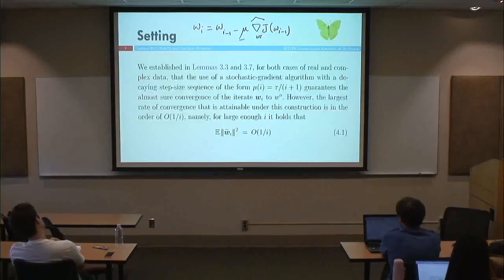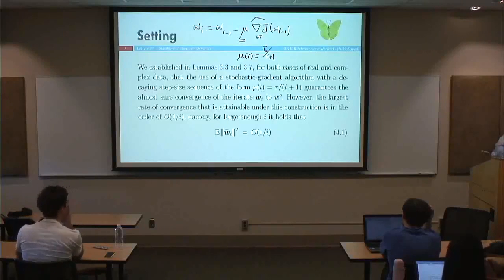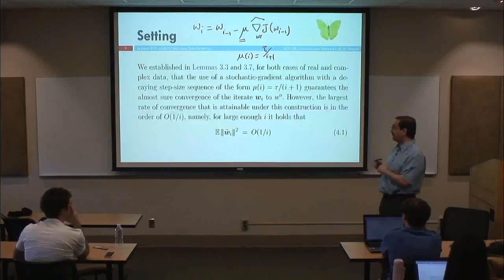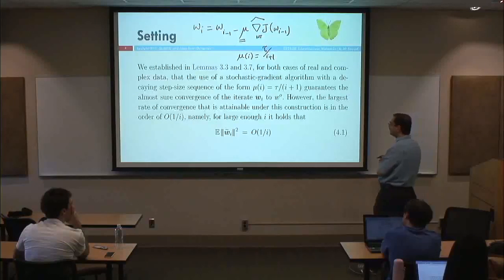And we studied two situations, one with mu constant and one with a mu that decayed down to 0, for example, of the form tau over i plus 1. We studied the convergence of two algorithms, constant adaptation or learning and a decaying step size situation.